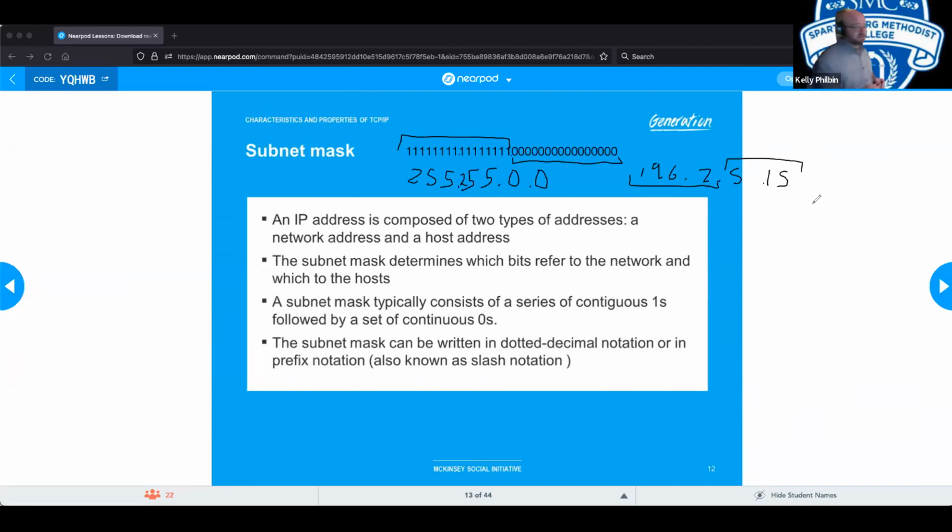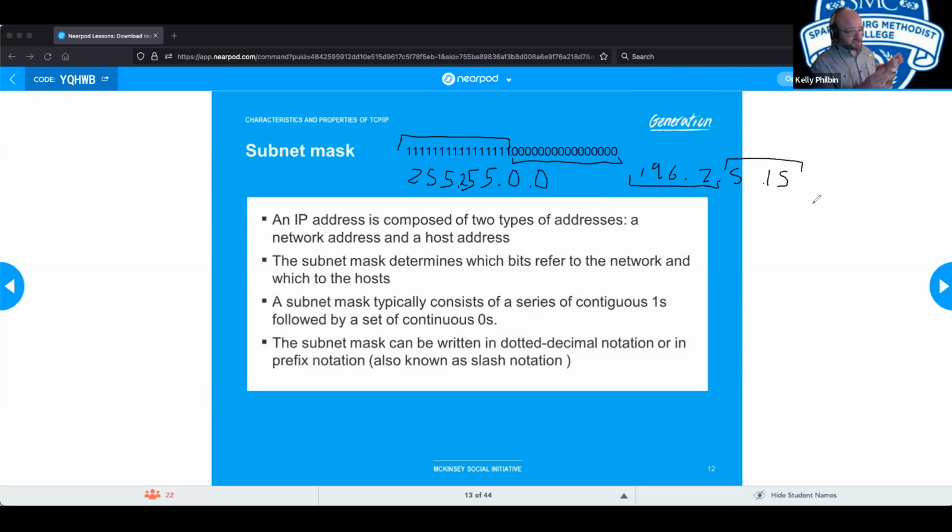Yes, Venkata. Yeah, as you said, I think we need a couple more examples of this. So to my understanding, the first set of ones is the network IP address. Yes. And the last are the home IP address. Well, the individual computers inside that network.